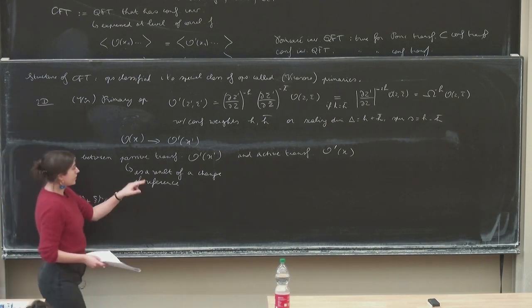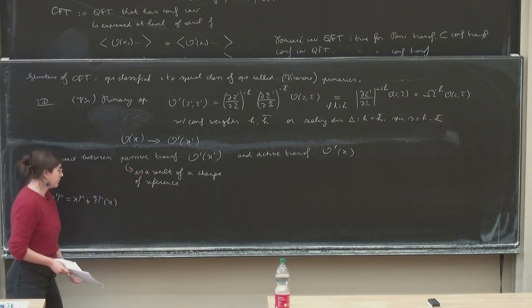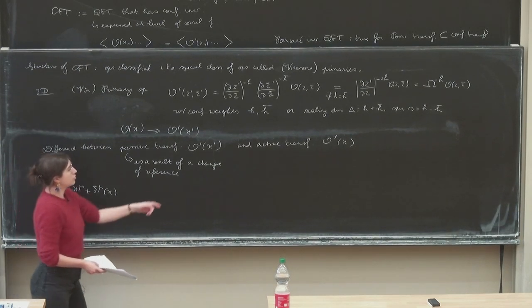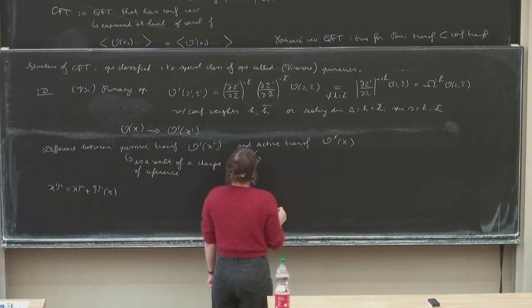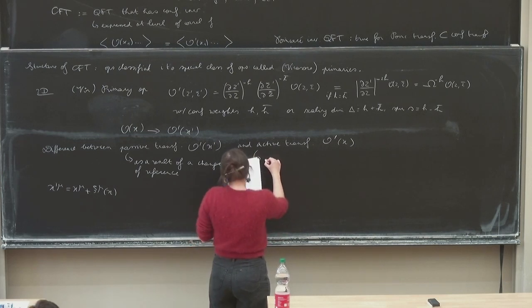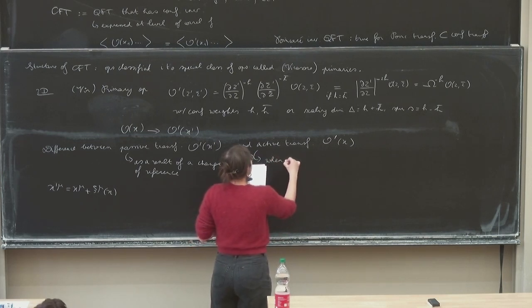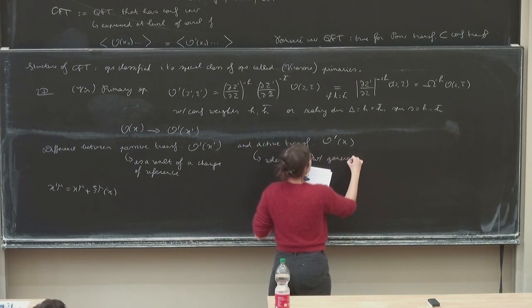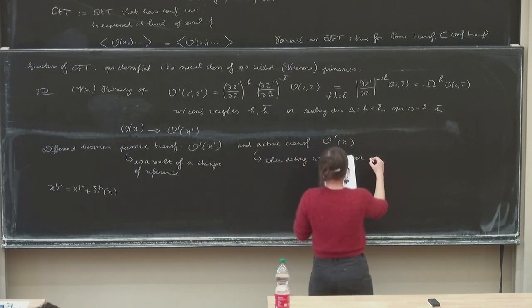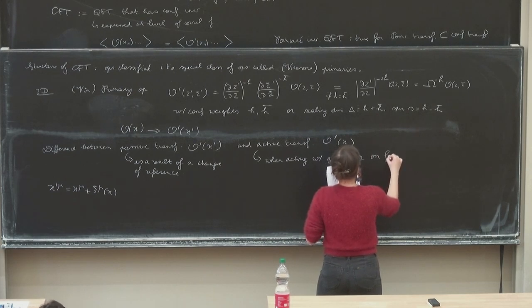That would lead to an O prime of x prime, okay? An active transformation is basically what you get when you act with the generator of this conformal transformation on the field.